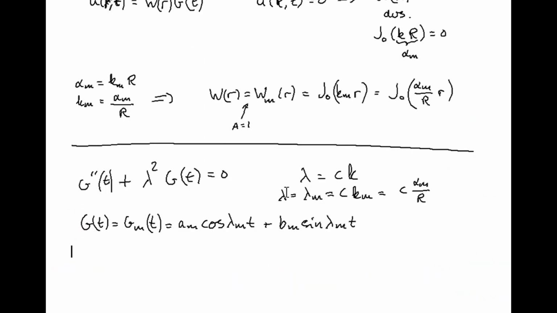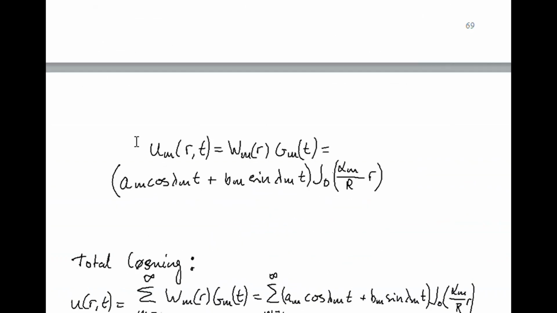So therefore lambda should be some lambda m equal to c km. And we know that km is alpha m over R, so this lambda should be c alpha m over R. And in addition to this, we know that the solution of this ordinary equation is a trigonometric solution of this type. This is always the case, but now we know the values of this constant lambda. It should be of the form lambda m.